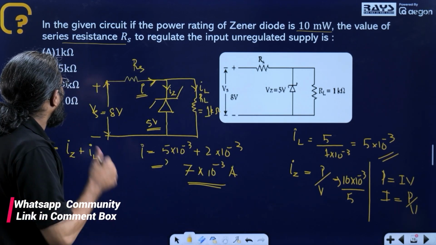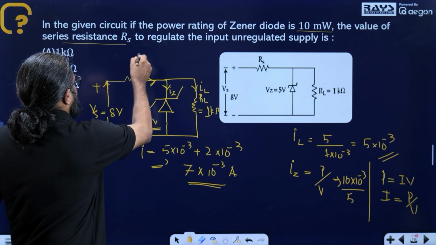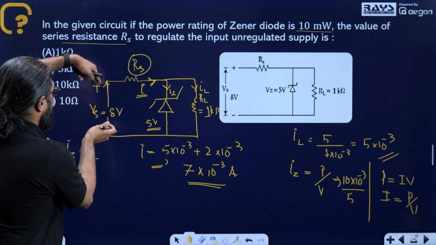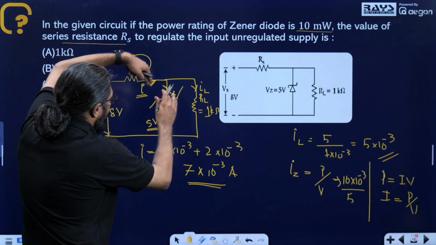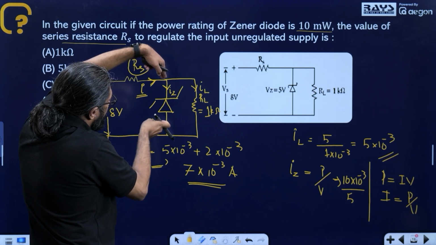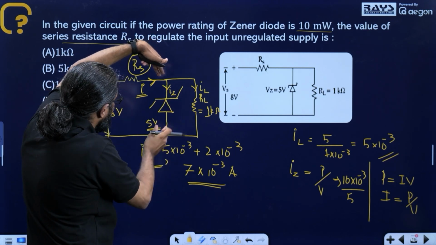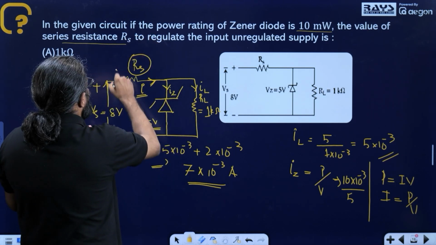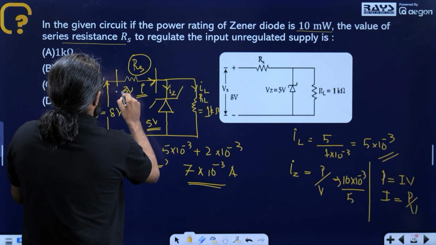Alright. Now, how do I find Rs here? I know that since 8 volt is given here, 5 volt is across the Zener diode, and then 3 volt is dissipated across this resistor.